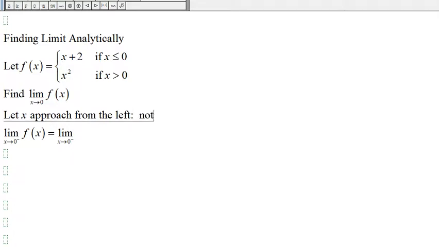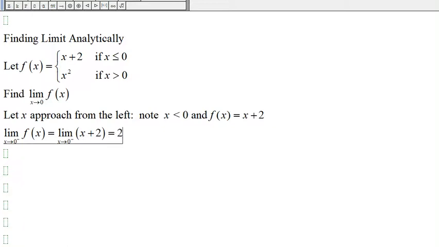Note x is less than 0 since we're approaching 0 from the left, and so f of x will be the x plus 2 piece. And so the limit right here would be x plus 2. And now we're letting x approach 0, and then we get 0 plus 2, which is 2.